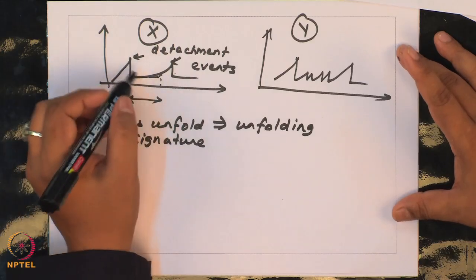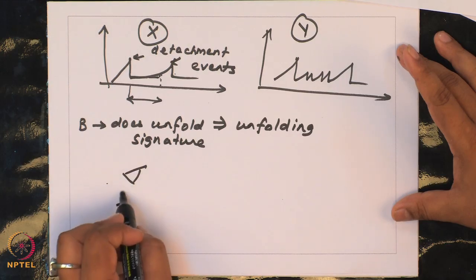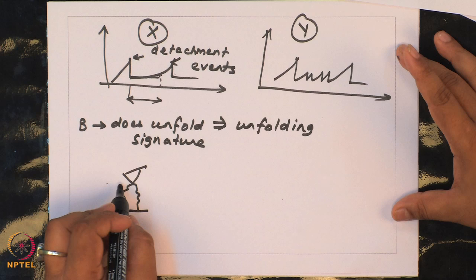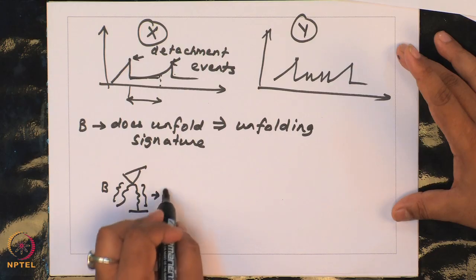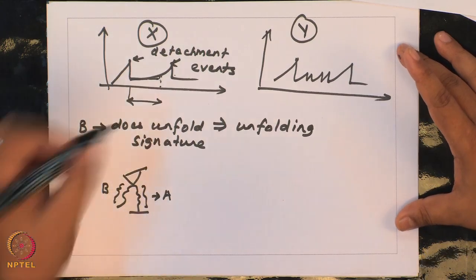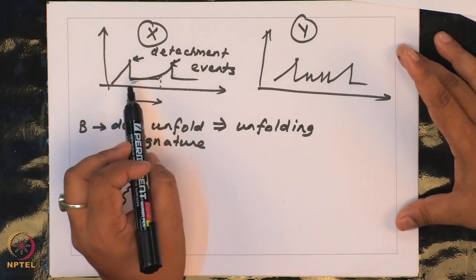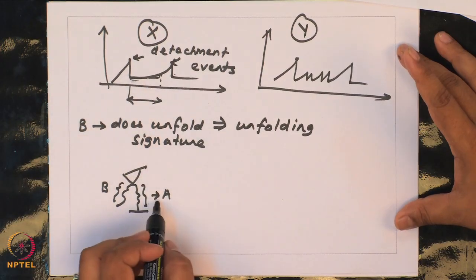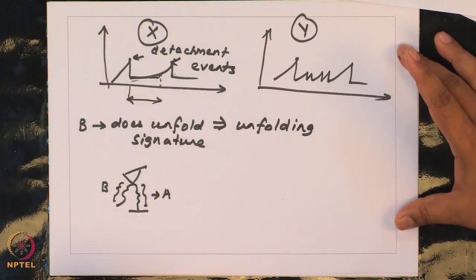In case X, if you pick up the protein such that all these B domains are here and all these A domains are here, B will not contribute to your signature, suggesting that this long gap of almost 0 force is a consequence of your domain A, but you do not know for sure, because you have not gotten any contribution from B.